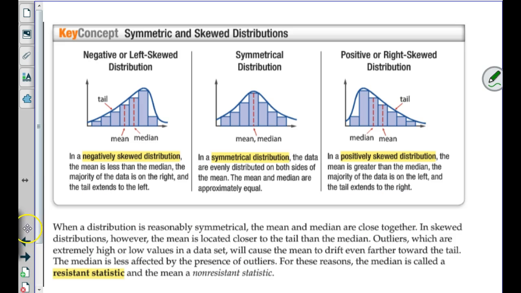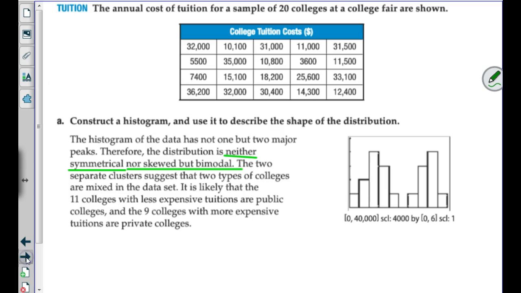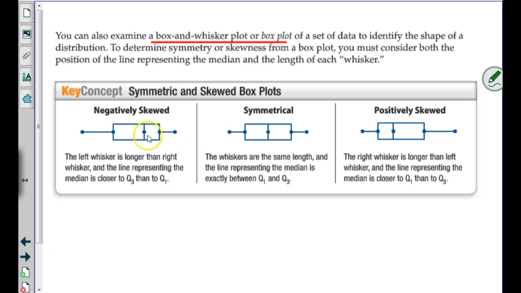What we have done so far is actually we've drawn a box plot. So let me show this slide and talk for a second. When the left whisker is longer than the right whisker, it means the median is closer to the Q3. It's called negatively skewed. So on the left, you have a long whisker for negatively skewed.